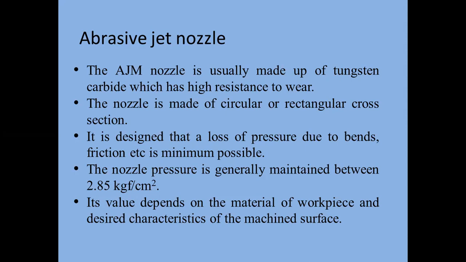The AGM nozzle is usually made of tungsten carbide, which has high resistance to wear. Why should wear be controlled for the nozzle? Because we are using abrasive particles, which impact on the walls of the nozzle, so there will be some wear on the inside surface.